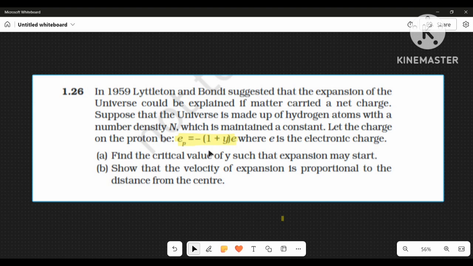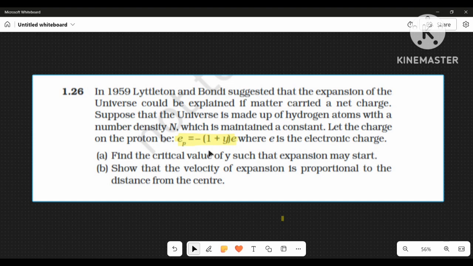If I read it again, in 1959, Littleton and Bondi suggested that the expansion of the universe could be explained if matter carried a net charge. Now, it is worthwhile to note that in our universe, matter is electrically neutral. It does not carry a net charge. But in their universe, they propounded that matter has to carry a net charge, which would justify their theory of expansion of the universe.